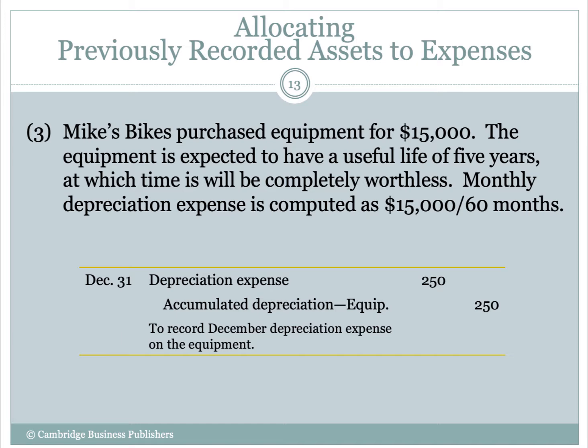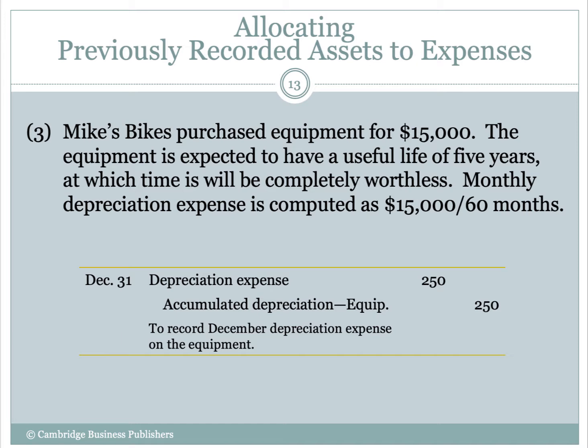So we take the 15,000 divided by 60 months. We get $250. Each month, we're making revenue. We're using that machine to make revenue. We need to match the expense of that machine to the revenue that we generate each month. That's why we use depreciation, okay?